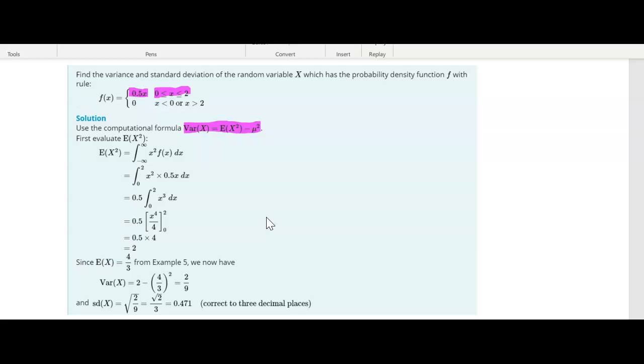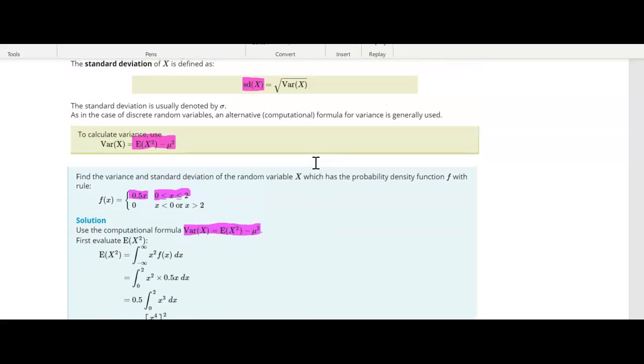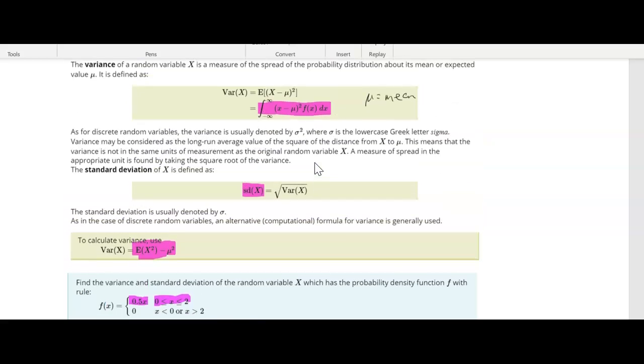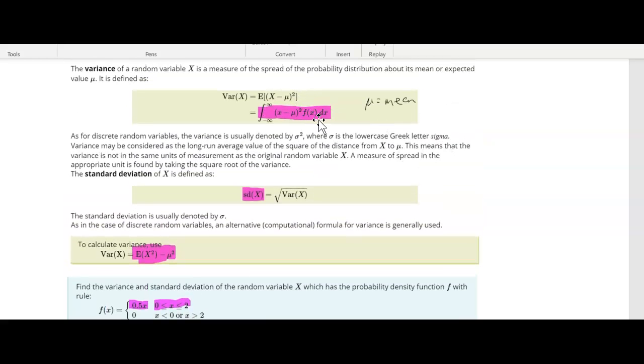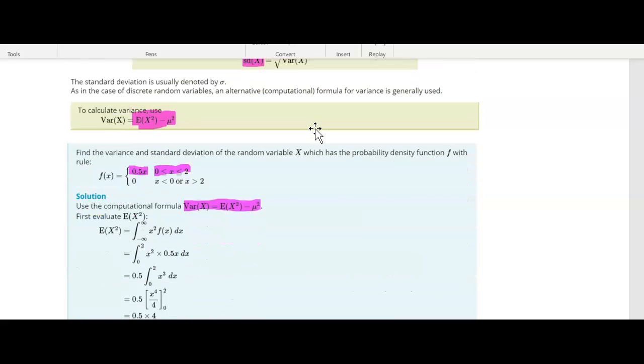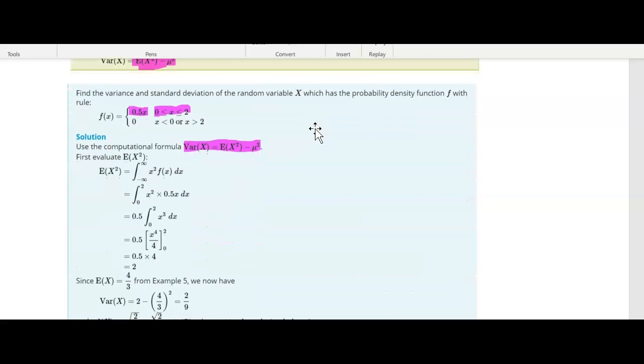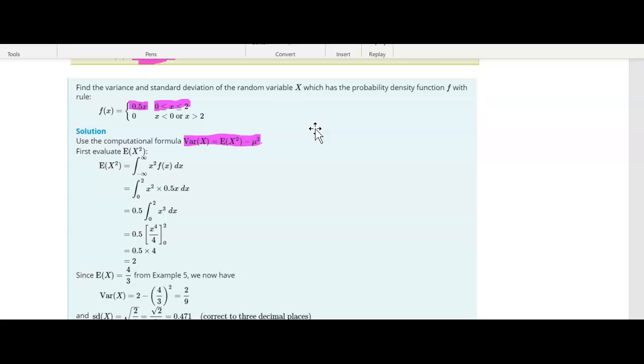You can use this formula here, or you could use the one up here where you're finding the mean. It doesn't really matter. It's probably easier just to find the mean of x squared.